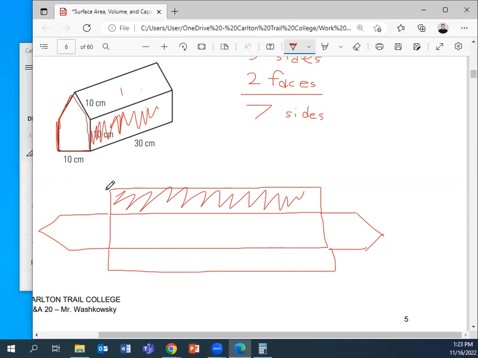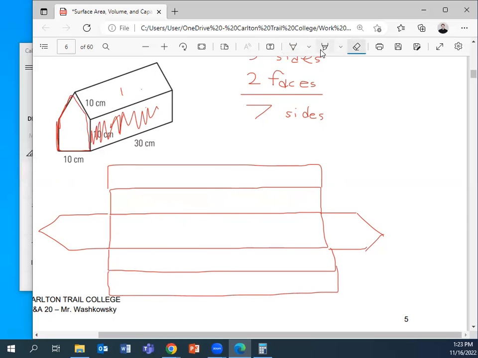Now, a lot of people might think, oh, don't draw this. Do not draw this. A lot of people think it might be something like this. That's not the case. It's just another rectangle. It's all the same length, right? Perfect. So this is going to be the net of that.